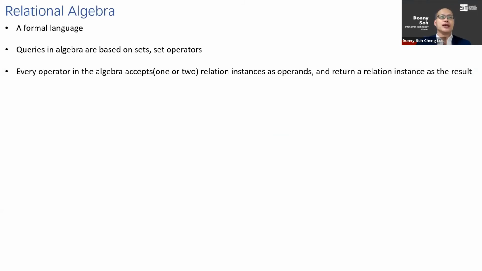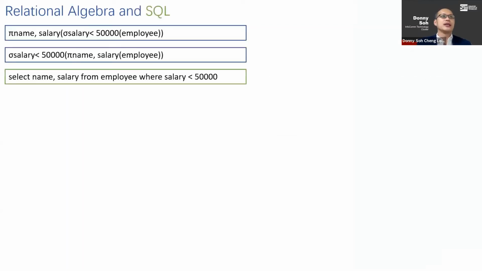Every operator accepts one or two relation instances. This is just theory, which I don't want to repeat because it's very hard to visualize. So this is actually a relational algebraic statement. What is the SQL?